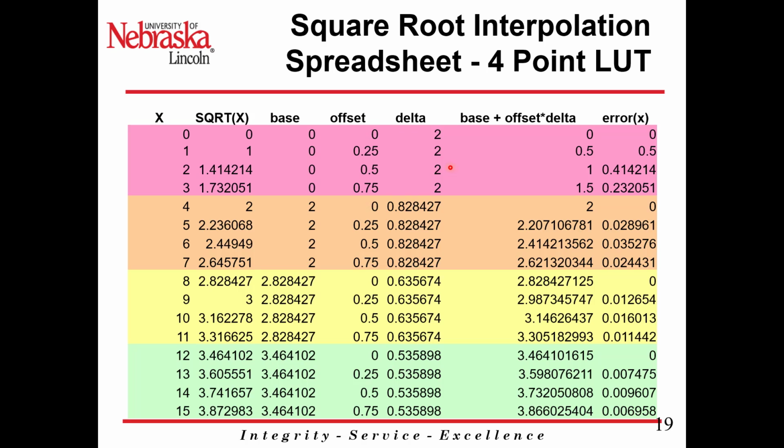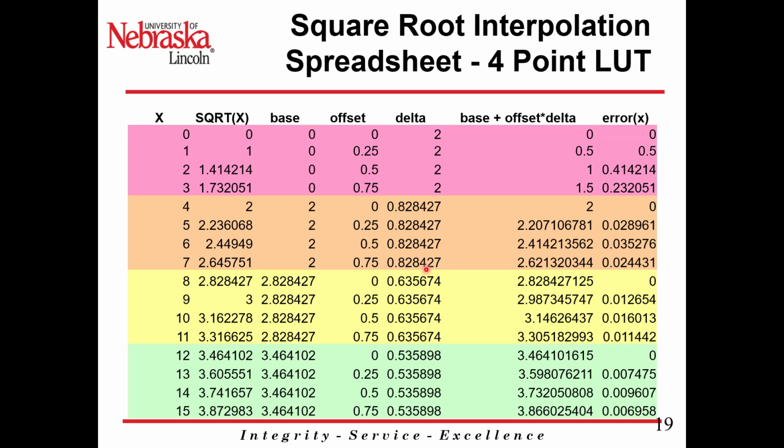And the delta is 2 minus 0 to get that offset. This one is 2.82 minus 2, so those two different bases.